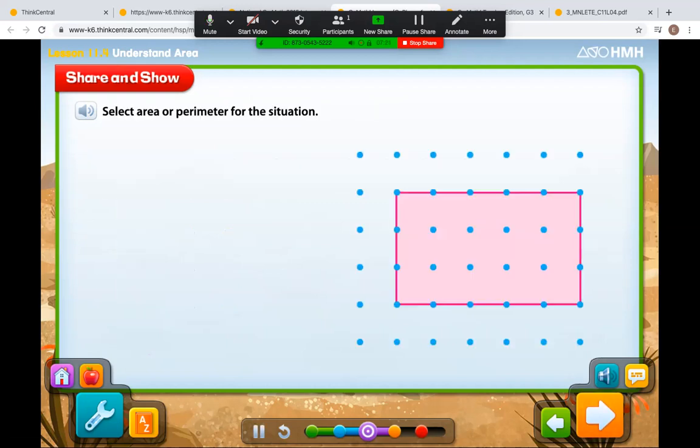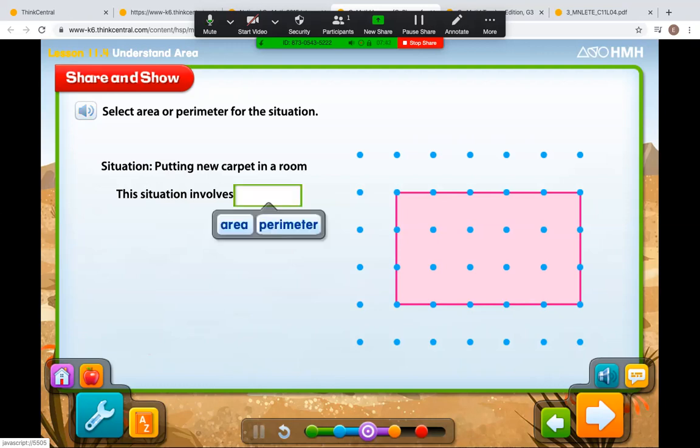You can find the area or perimeter to solve problems. Select area or perimeter for the situation. Suppose you are putting new carpet in a room. Do you need to know the area or the perimeter of the room?